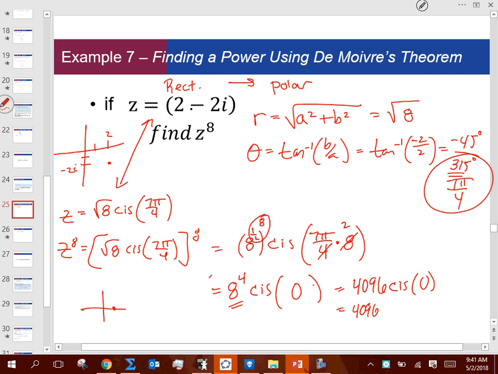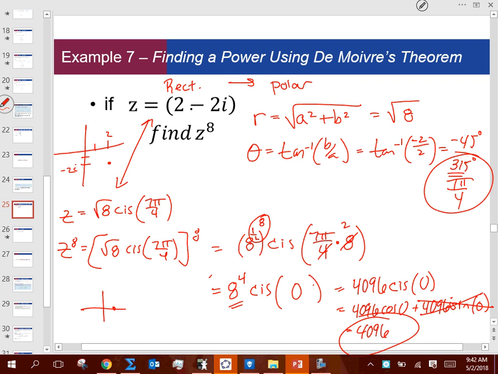But I get 4096 cosine of 0 plus 4096 times i sine of 0. What's the cosine of 0? 1. What's the sine of 0? 0. That goes away, doesn't it?